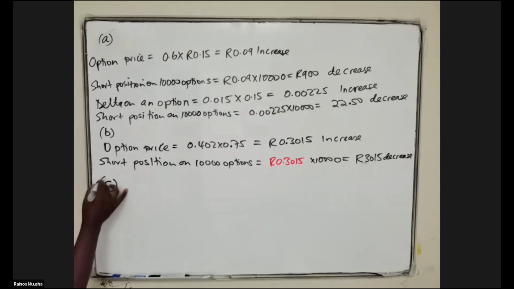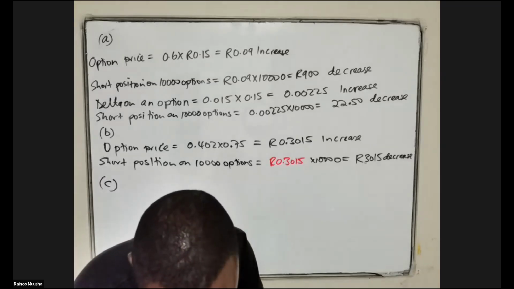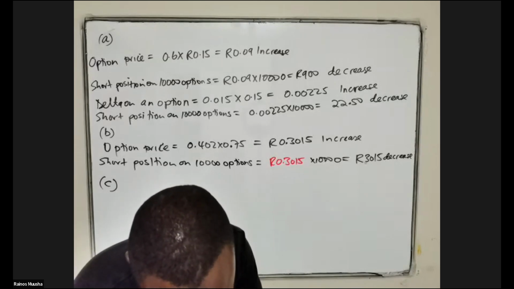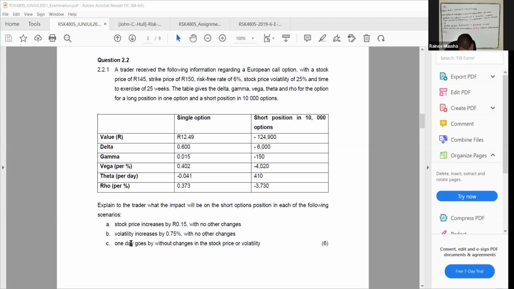Part C, we also look at the effect of, if you check on the question, one day goes by without any changes in the stock price or volatility. So we're looking at the change in time to maturity, isn't it? Here they say the theta per day is equal to minus 0.041.